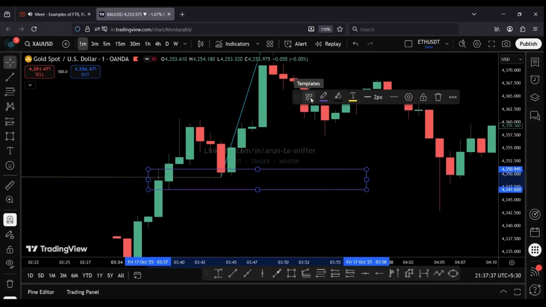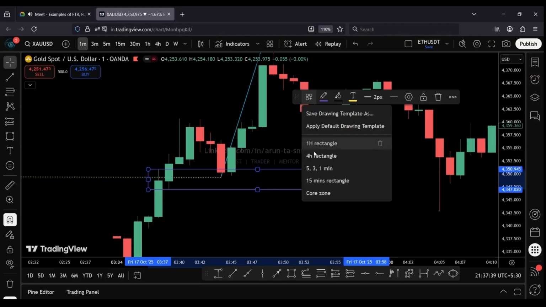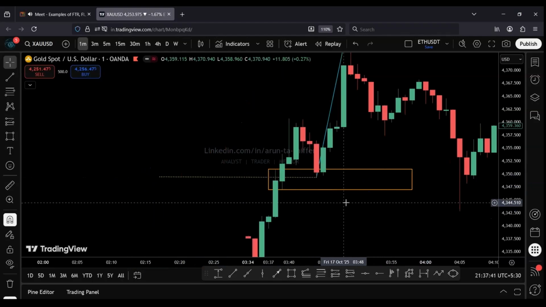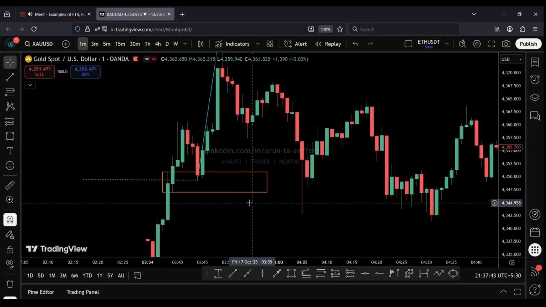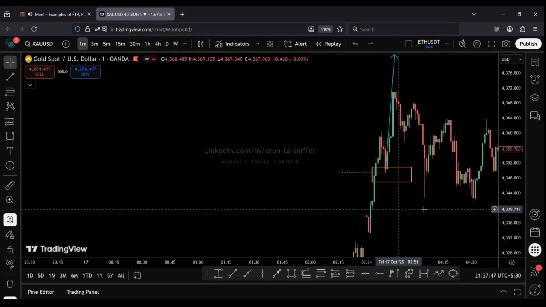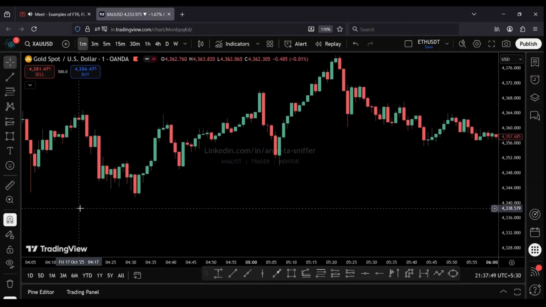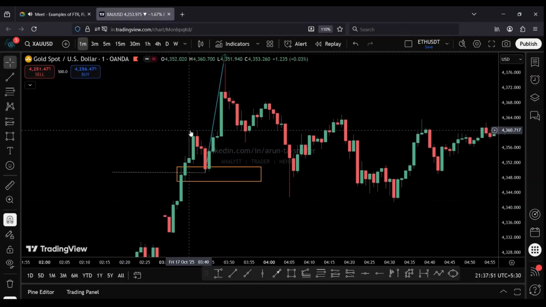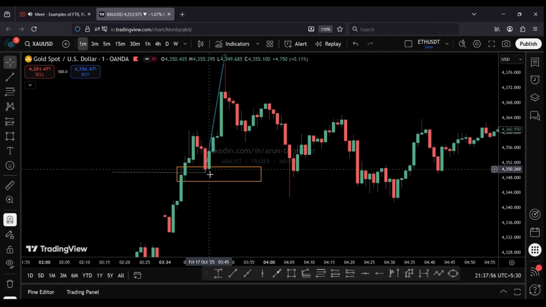This is the shortcut to find FL. Okay, and the high it posted, this one high here, this one low here, and goes up.